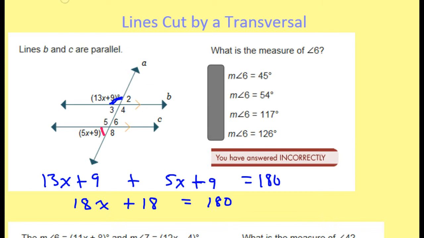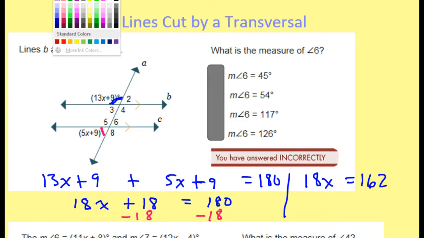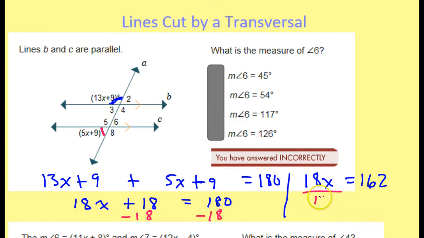So just solving this little equation, I'm going to subtract 18 from both sides. So that's going to give us 162. So now I've got 18x is equal to 162. Okay, so now I'm going to divide both sides by 18.